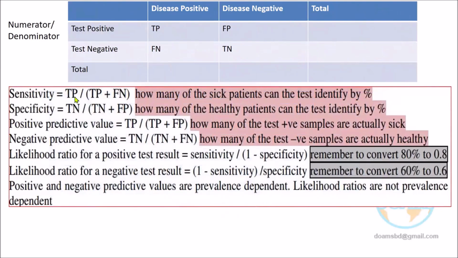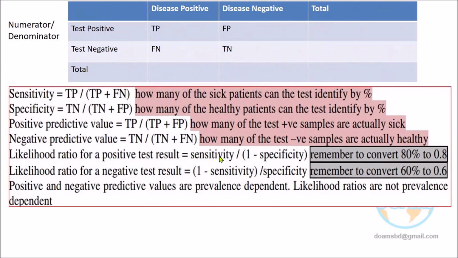Now come to the calculation. You may not write it. If possible, just write this formula. Sensitivity means this, up to this only. Or you can take a snapshot on the mobile phone or device. Write down up to these four only, not below. I will guide you in the subsequent slide.